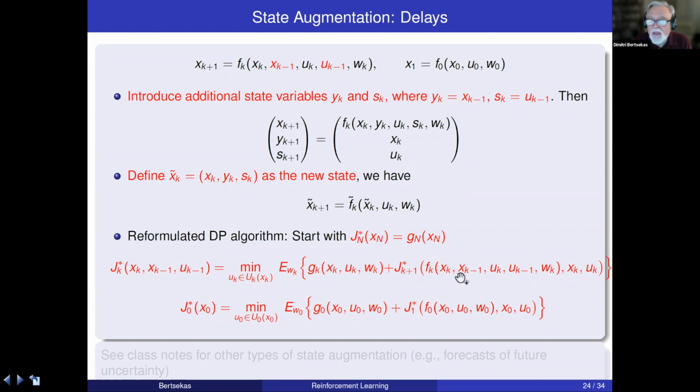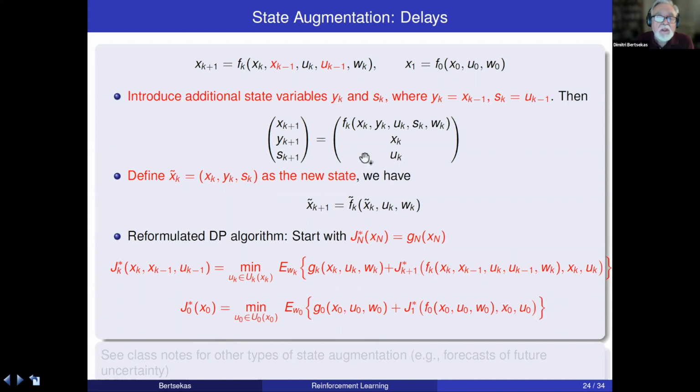And when you take the expected value and then the minimization over uk, it gives you a function of xk, xk minus 1, and uk minus 1. And then at the last stage, at state 0, we don't need to include the delayed state and control. It takes the usual form that looks like this.